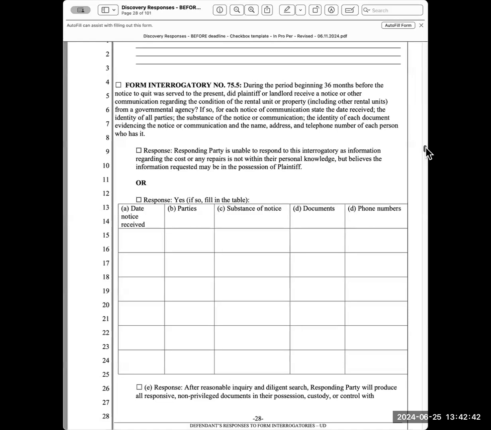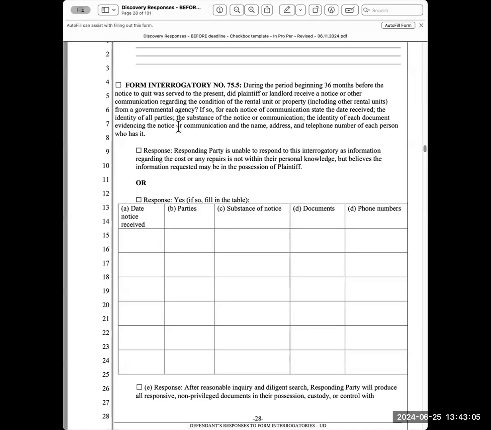Typically, this is a question for the landlord or property manager to answer. However, sometimes the governmental agency will give the tenant a notice letting them know exactly what violations were found on the property that the landlord must remedy, usually giving the landlord a certain amount of time and perhaps a follow-up inspection.